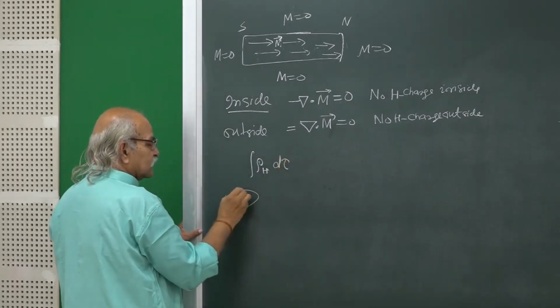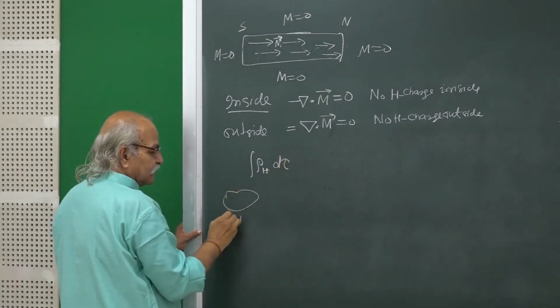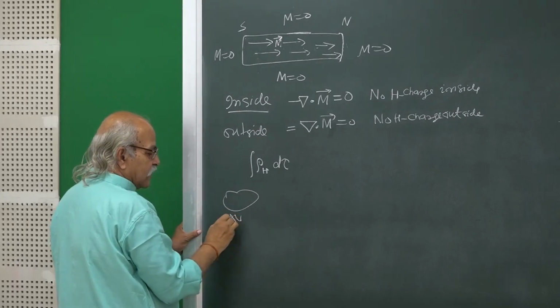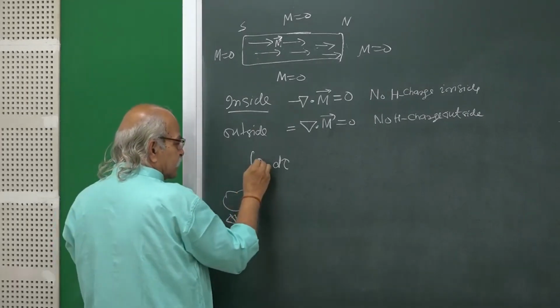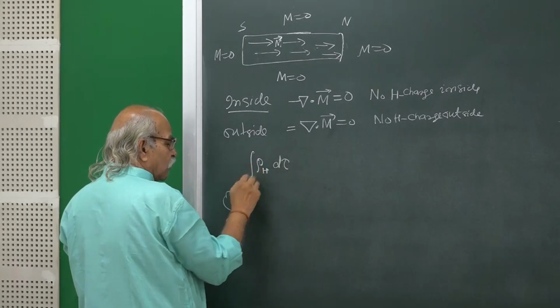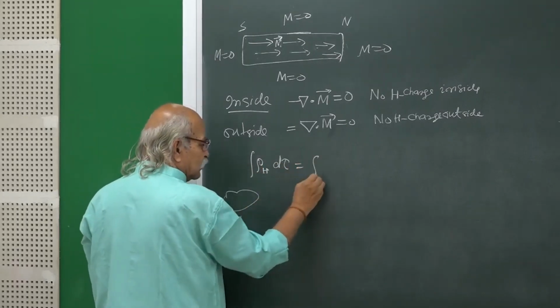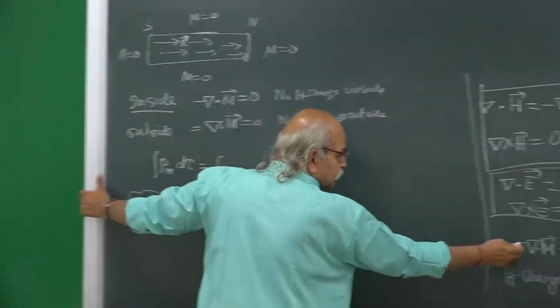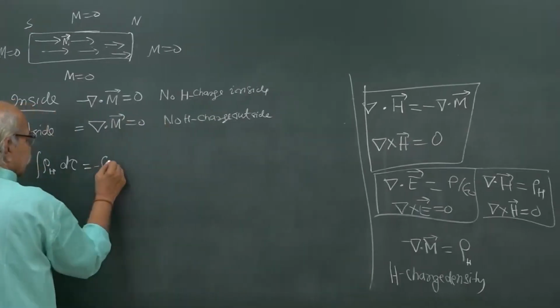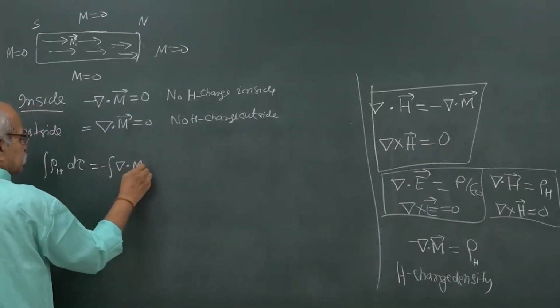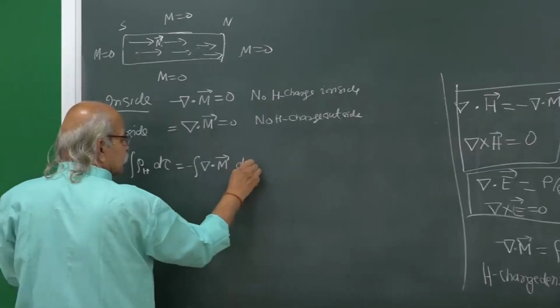Suppose I have some volume delta V, and I calculate rho H d tau on this volume, and rho H is minus divergence of M.